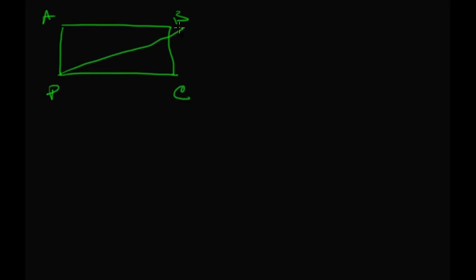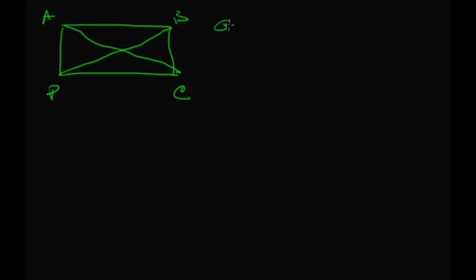Okay, so the second one here, I'm just going to build a drawing for it to explain it. The theorem says that if I have a parallelogram ABCD and the diagonals are congruent, then it's a rectangle.